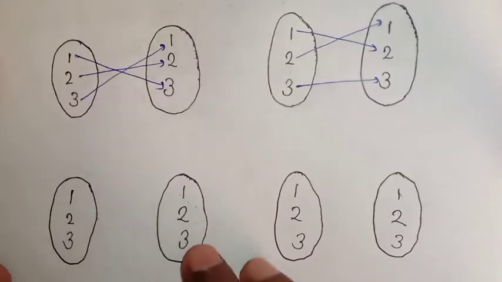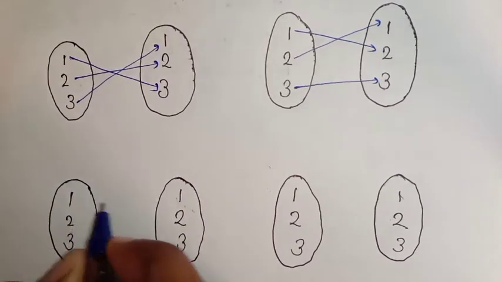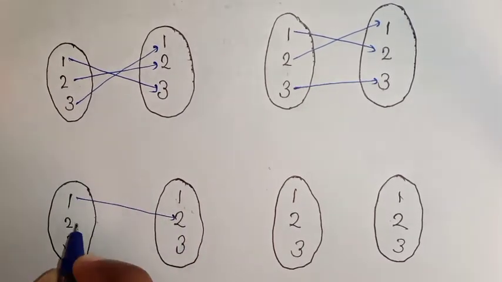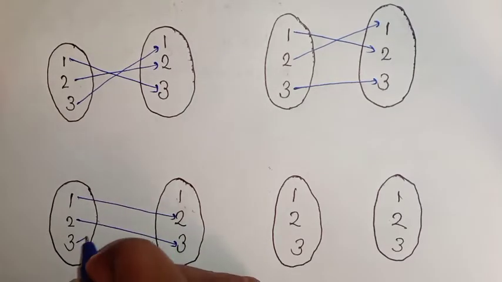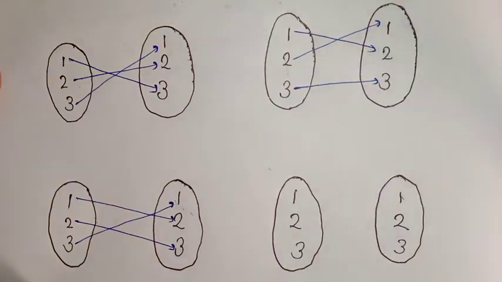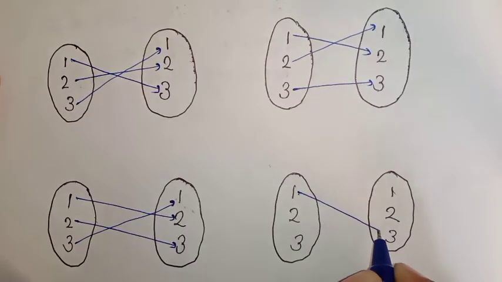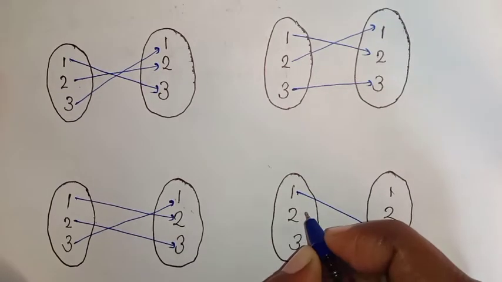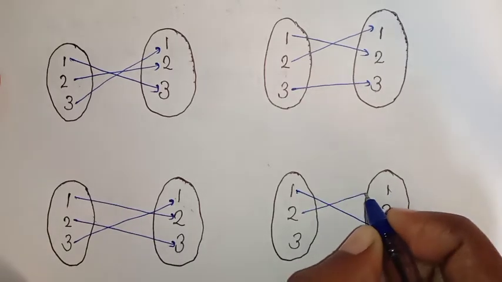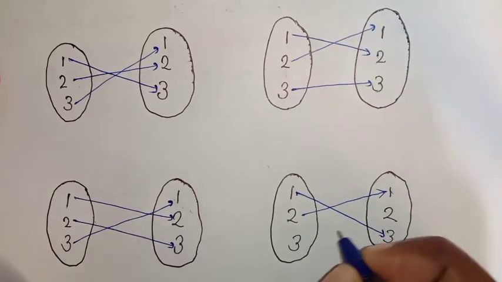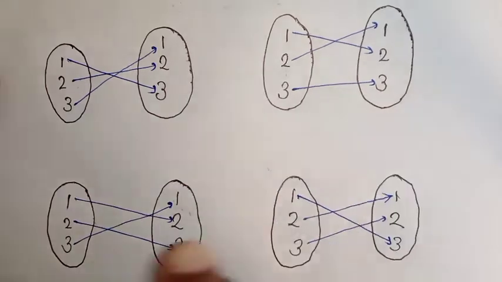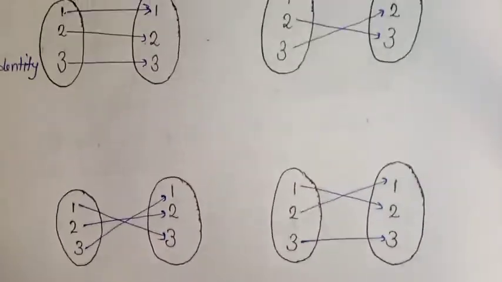The fifth possibility is that 1 is going to 2, 2 is going to 3 and 3 is going to 1. And the sixth and last possibility is that 1 is going to 3, 2 is going to 1 and 3 is going to 2. Only 6 possibilities arise here.